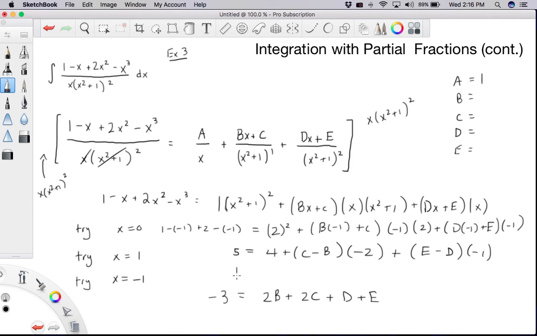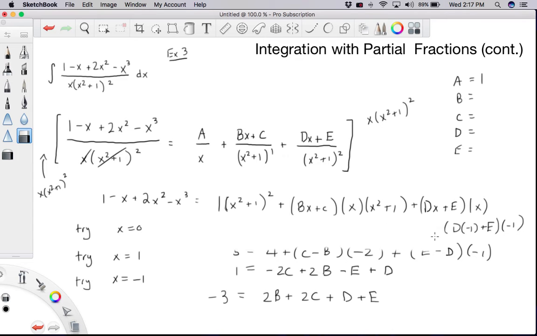And that is going to give us 1 is equal to negative 2c plus 2b minus e plus d. Okay, we have another equation where we have failed to eliminate any of our constants.